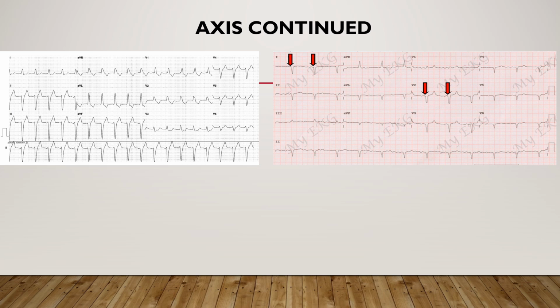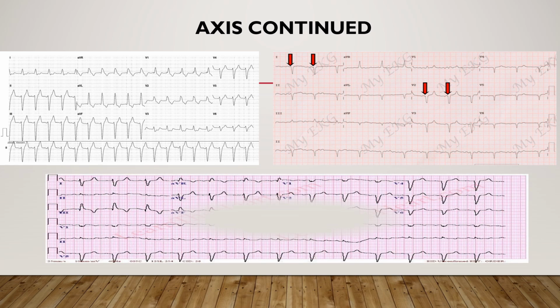Here, let's take a look at leads 1 and AVF. QRS in those leads is negative, making it an extreme axis deviation. And the last one. QRS is negative in lead 1 and positive in lead AVF, making it right axis deviation.